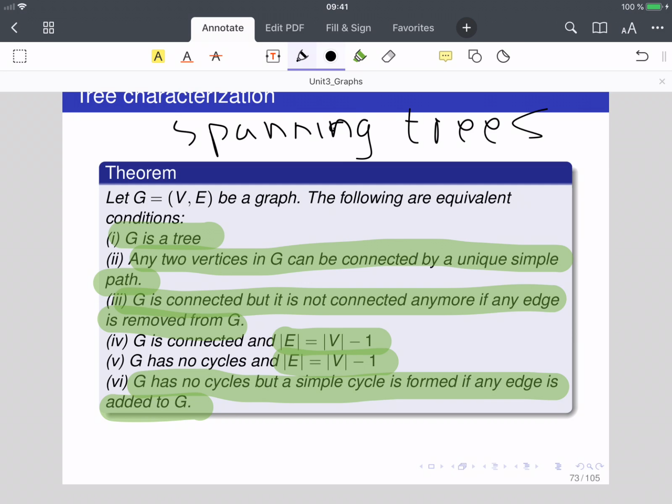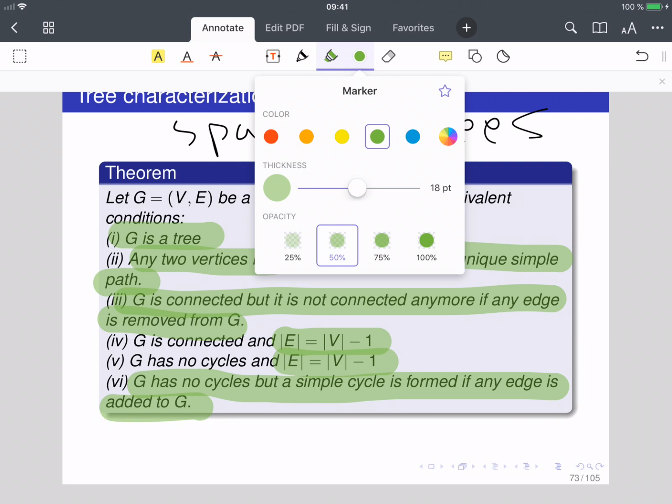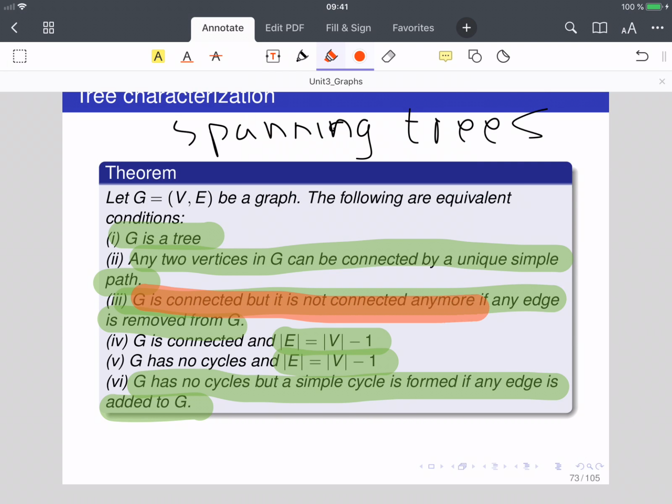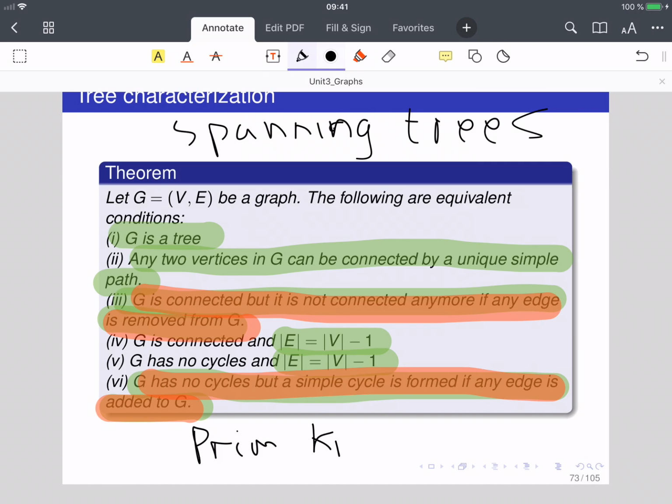And based on these properties of the trees being connected, but if we remove an edge, then they are no longer connected, or the trees being without cycles, but if we add an edge, then we form cycles, we can define two important algorithms that we call the Prim and Kruskal algorithms.